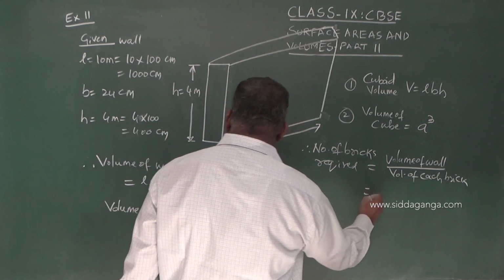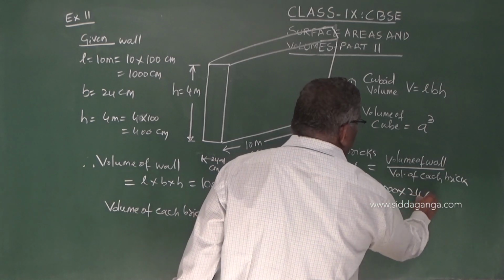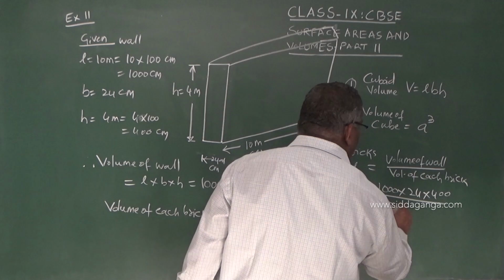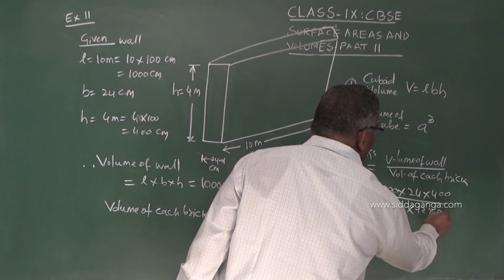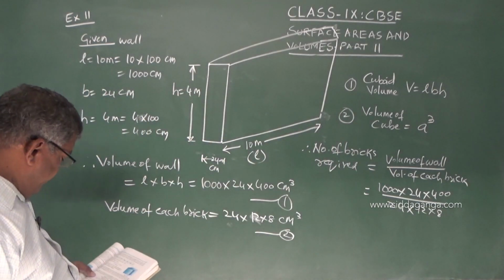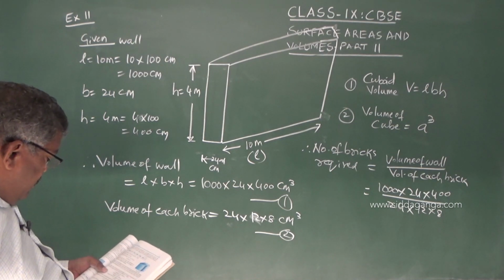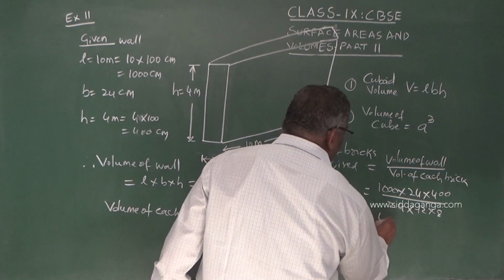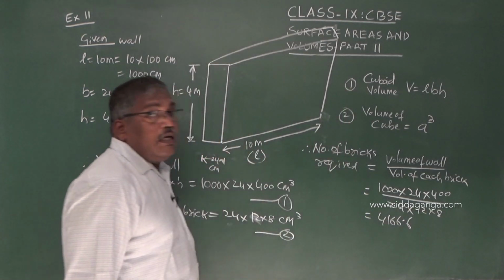So this equals 1000 into 24 into 400 divided by 24 into 12 into 8. So 4166.6, or roundabout.